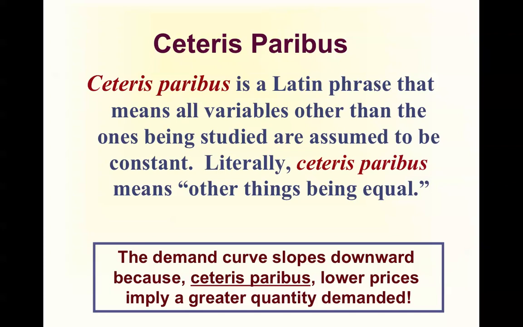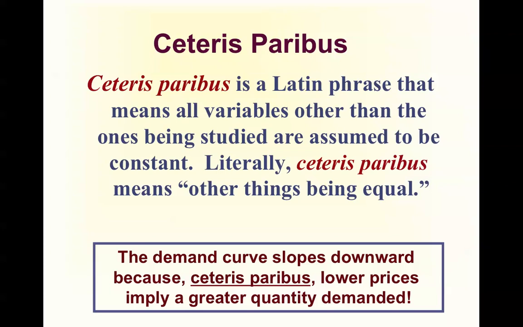Ceteris paribus in this case means other things that can influence demand are assumed to be held constant or held steady, like income, tastes, preferences, and the prices of other goods. So these items are going to be held constant, and then we'll explore the impact of each of those items upon the buying decisions of the public one at a time.